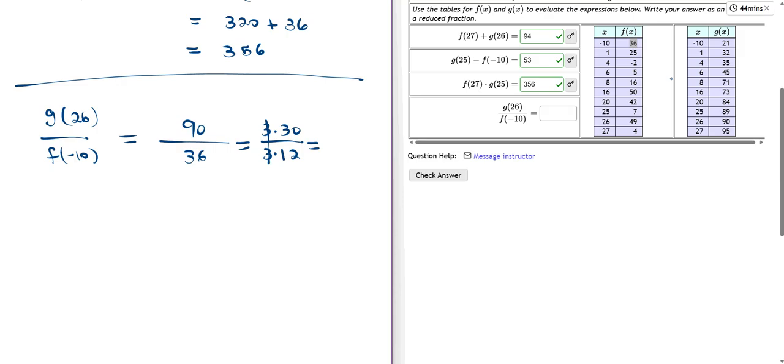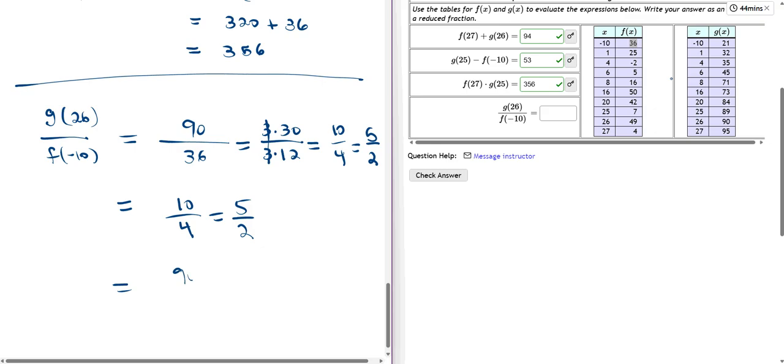So I could either divide by 3 again to get 10 over 4, which then 2 goes into, and I get 5 halves. Or maybe I would have seen that 9 goes evenly into the top and the bottom. So 90 divided by 9 is 10, and 36 divided by 9 is 4. And then I see that those are both even, so you can divide them each by 2 to get 5 halves.